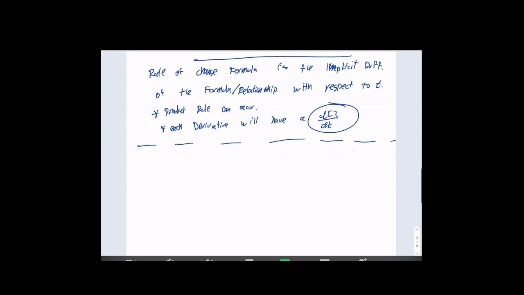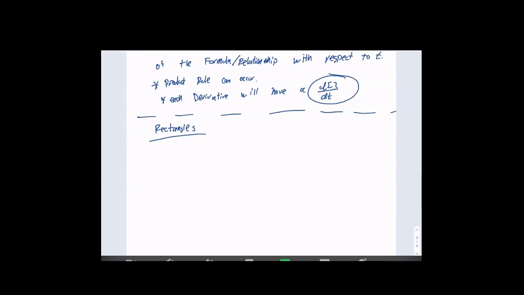So, let's talk about the rectangle ones. In a rectangle, I give area equals length times width. So that's the formula.